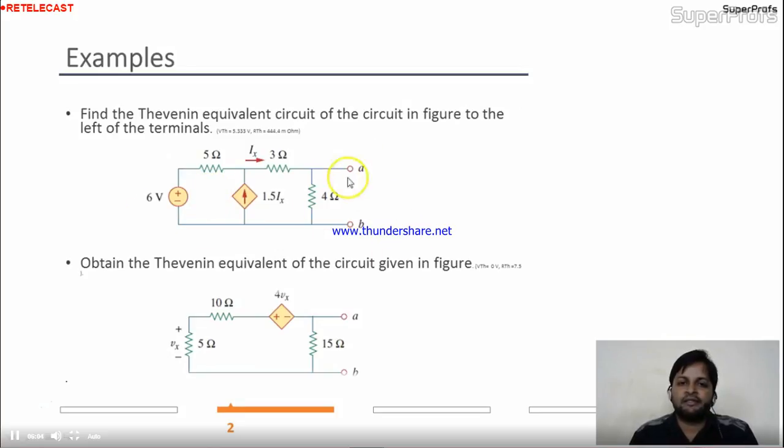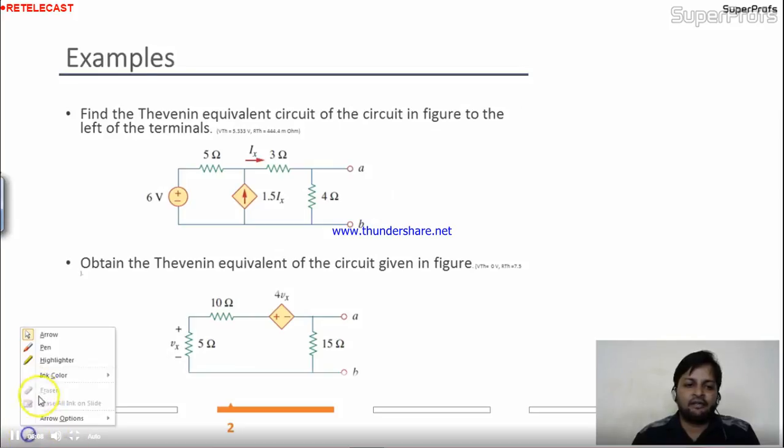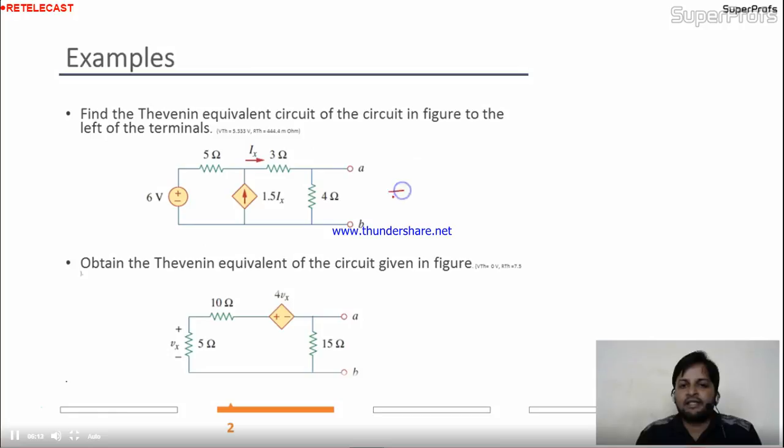Here the terminal is given, and what he is saying is to find the Thevenin equivalent voltage. What is the Thevenin equivalent circuit? The Thevenin equivalent circuit is nothing but this entire two-port linear circuit, you have to convert into a single source and single resistance across the terminals A and B.